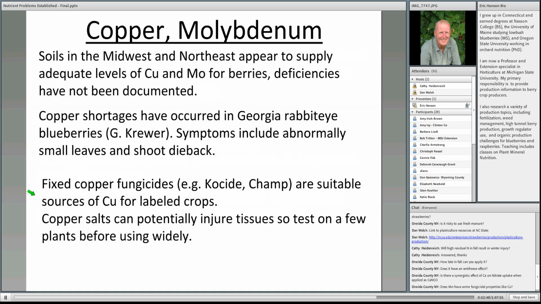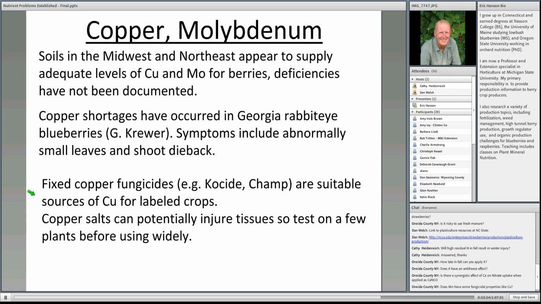Copper and molybdenum. These soils in the Midwest and Northeast appear to supply adequate levels of these micronutrients to berries, and deficiencies haven't really been documented. A colleague in Georgia indicates that rabbit-eye blueberries in those areas occasionally are deficient in copper. He indicates symptoms include abnormally small leaves and shoot dieback during the winter.